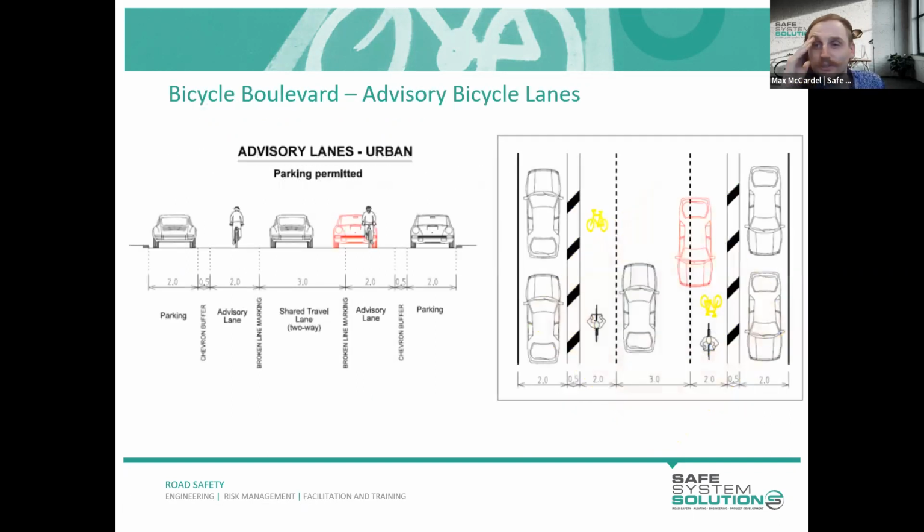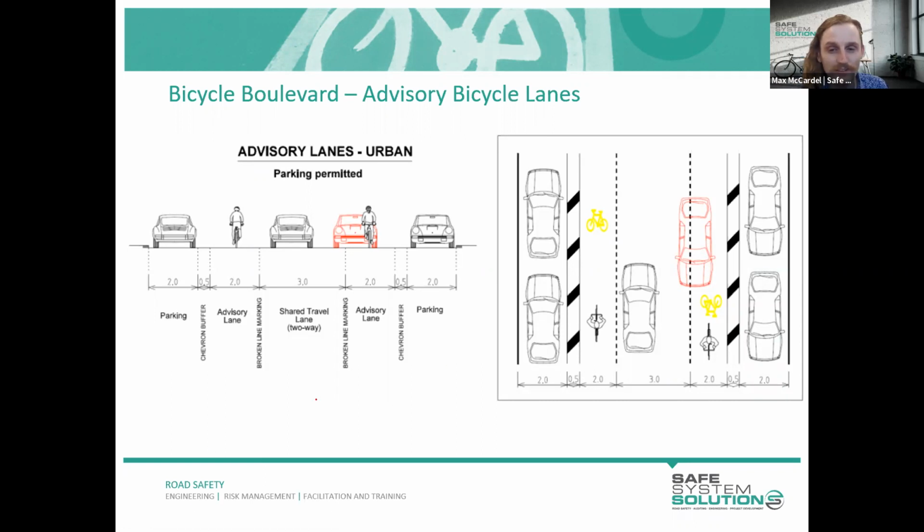I also just wanted to touch on another example of an on-road bicycle lane treatment. This one is currently being trialled within Victoria, and it has been installed in other jurisdictions in Western Australia, as well as overseas in the States, where it's this idea of an advisory boulevard or advisory bicycle lane, sorry.